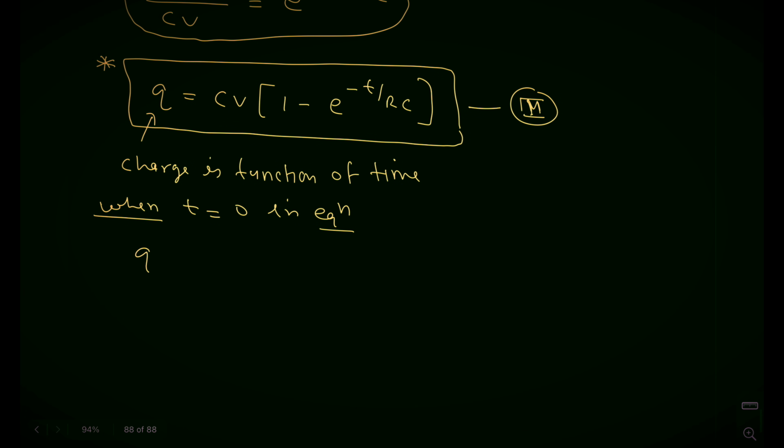Then the charge becomes what? CB(1 minus e power minus 0 by RC). Then we get 0 only.